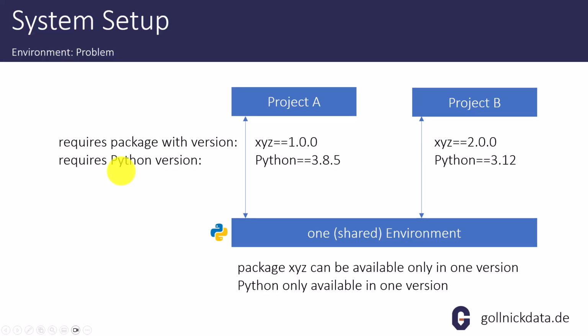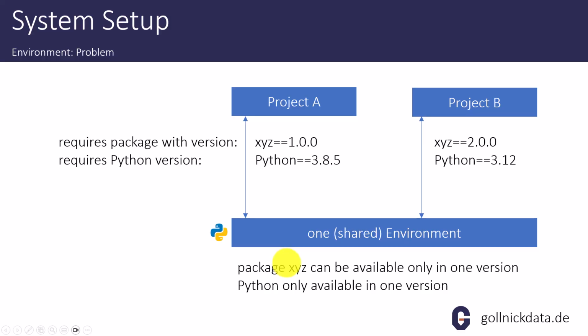Before I tell you how we're going to tackle this, I want to start out with the problem that environments are solving. The problem is basically that you typically don't just work on one project, but on many different projects. It might be that you are working on project A, which relies on a certain Python version, and let's say a certain package called XYZ with version number 100. If you only have one shared environment, where all the packages are in the same place, then there can be only one specific Python version, and only one specific version of that package.